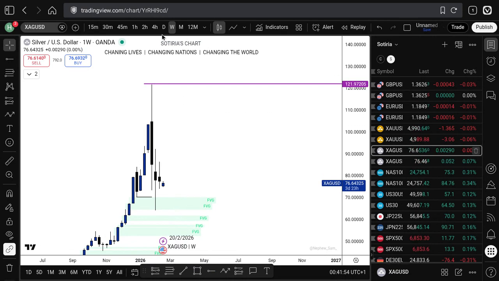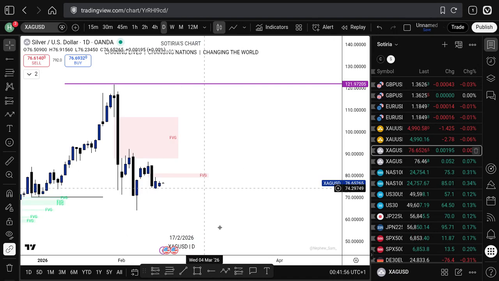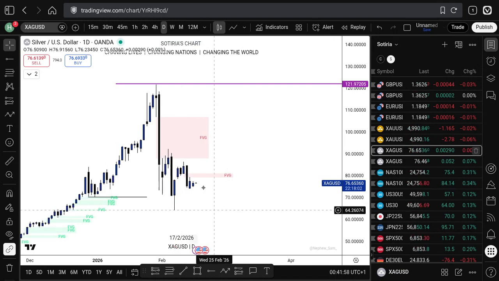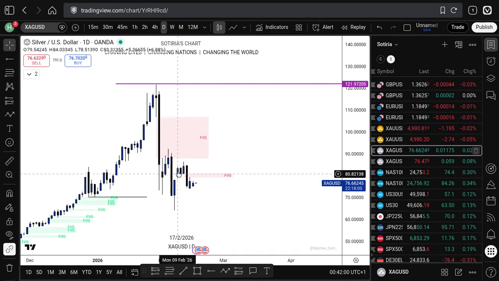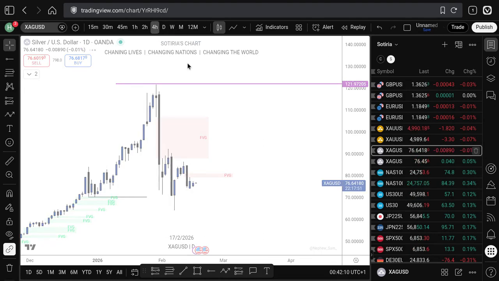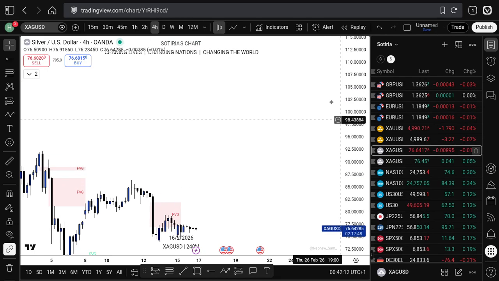So that being said, we have to move over to the daily structure and look for an entry, which we have one right here. Price has created an engulfing right here. We have a scope actually, and then we have this on the 4 hour time frame.